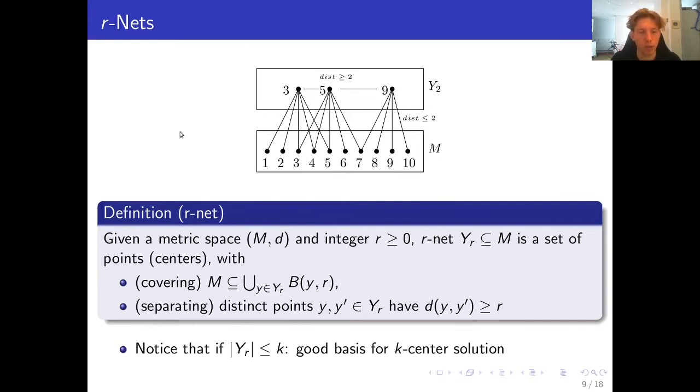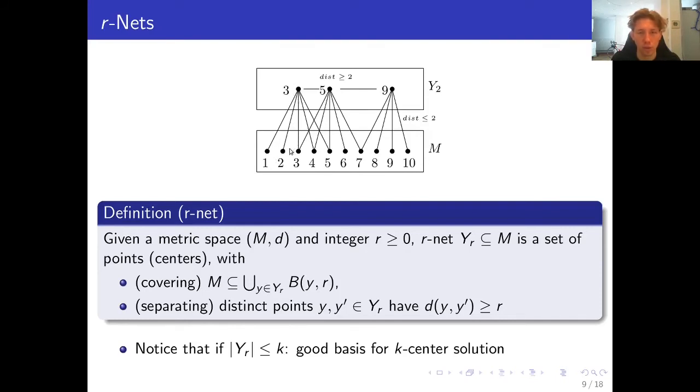The first property is the covering property, which says that every point in M is in some ball of radius r around some y in Y_r. So if you look at this example, for Y_2, every point in M has some point in Y_2 with distance less than or equal to 2.